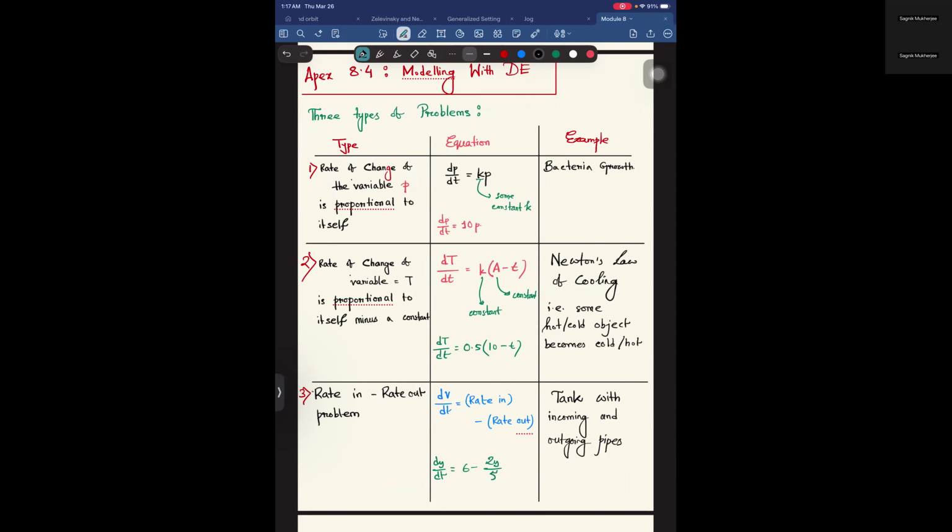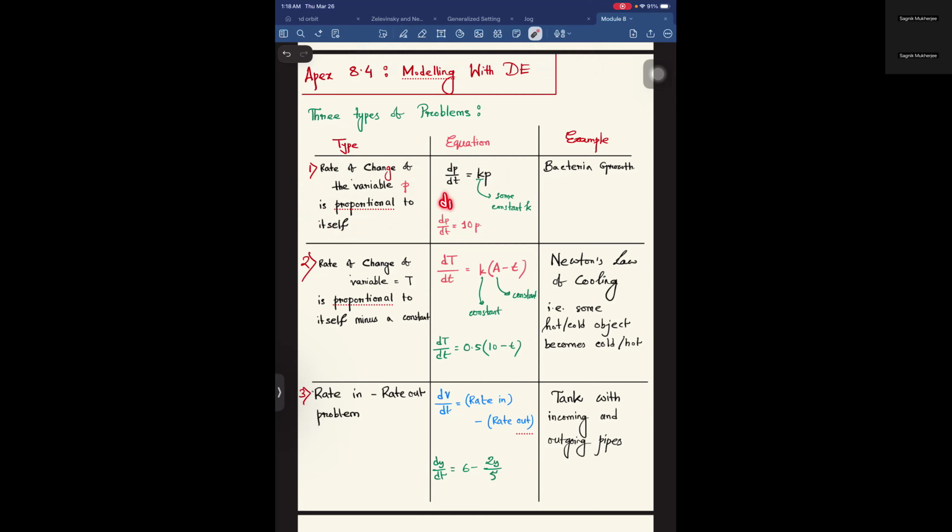So here we're going to talk about real life problems that can be modeled using some differential equation. Essentially there are three kinds of problem. Number one is the kind of problem where the rate of change of the variable, called the variable P, is proportional to itself. So the differential equation is dP/dt equals kP, right?